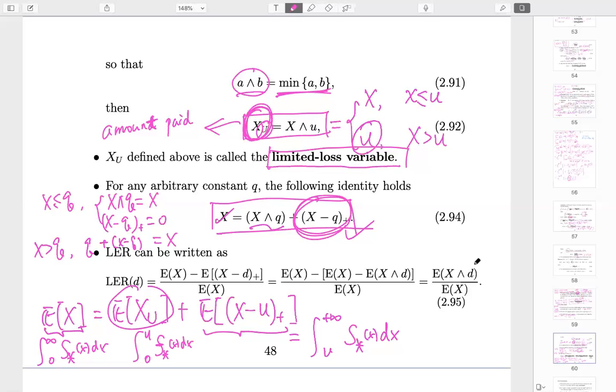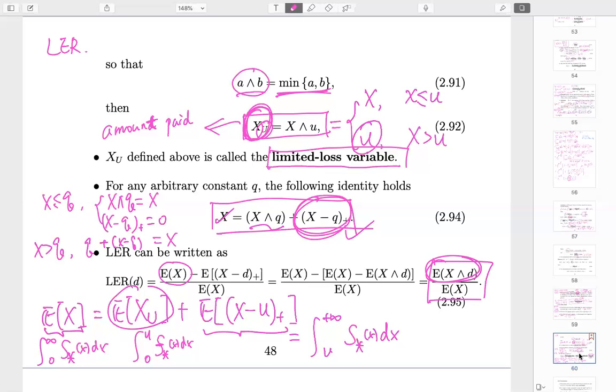And remember, when we defined the loss elimination ratio, it is the expectation of x minus the expectation of x limited, where in that case it's x minus d positive. So we have this nice form. It's essentially the idea of policy limit, except now you apply the deductible amount as the limit.